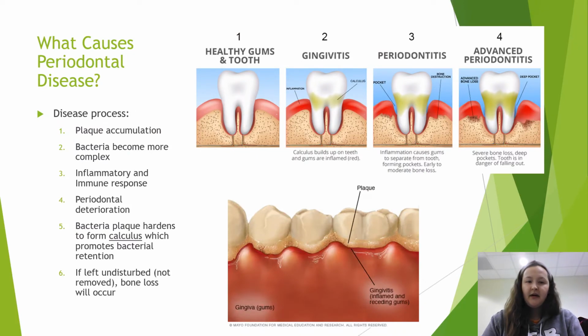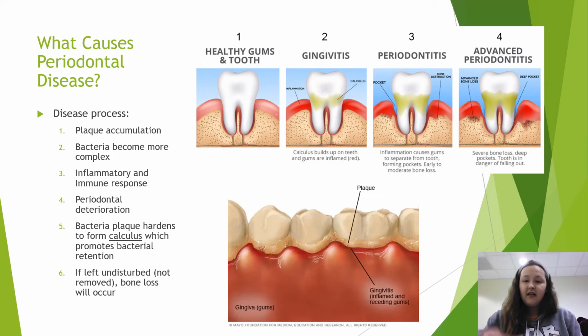So what causes periodontal disease? How do we start seeing these signs of infection in our patients? Well, first off, you have to have that plaque accumulation. So that sticky stuff we were talking about earlier, the stuff that you can remove with your toothbrush, is made up of bacteria, good bacteria, bad bacteria, and it accumulates in your mouth.